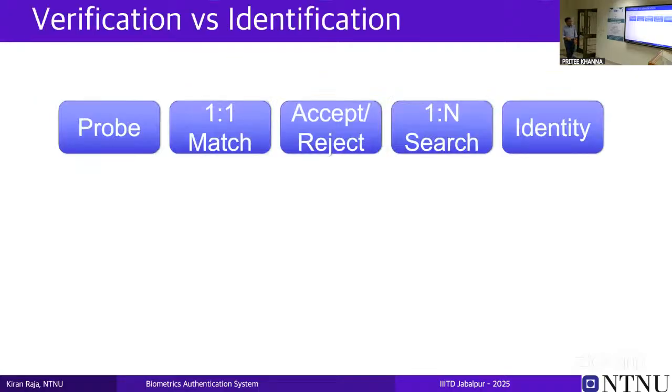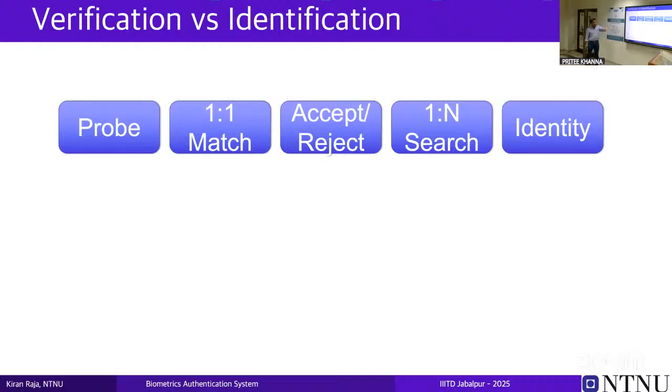So this is typically the case. In the verification scenario, I have a probe and an identity. A probe is nothing but every interaction I have with the system. When I say, okay, my name is Kiran, can you verify me, that's when we call it verification.